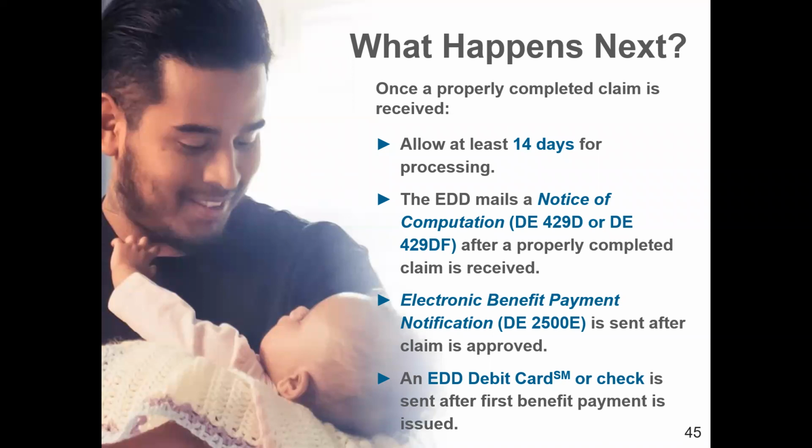The employee will know that their claim has been approved once they receive an electronic benefit payment notification, which is another form you can request a copy of, because it will also assist you with what to pay them out. If for whatever reason we need more information from your employee, we're not able to make a determination on the claim, or we have to deny the claim, we will attempt to contact the employee directly by phone or by mail.